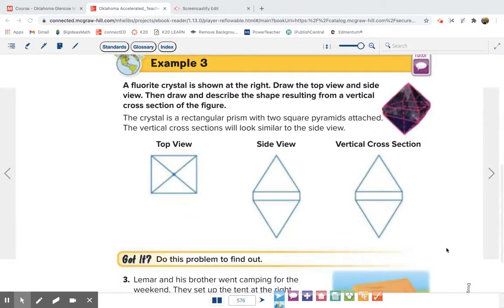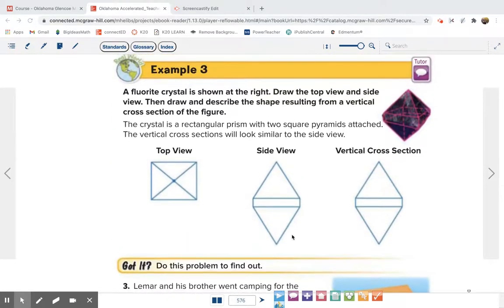Okay, the last example today that we're going to look at together, example 3. A fluoride crystal is shown at the right. Draw the top view and side view. Then draw and describe the shape resulting from a vertical cross-section of this figure. Okay, so when it says top view, think of it as if you were looking straight above it, down over it. That would look like this.